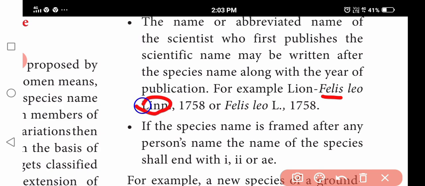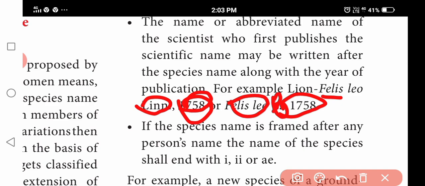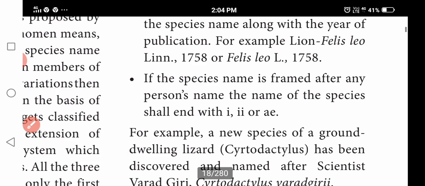After the species name comes the first publisher, along with the year. Here L means the first publisher, who published in 1758.